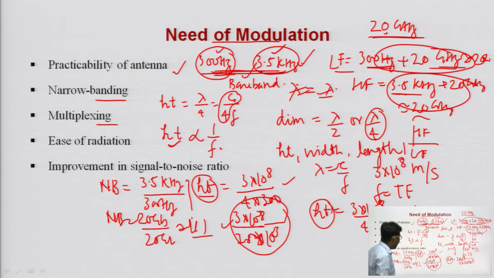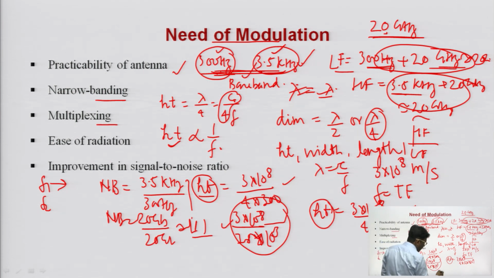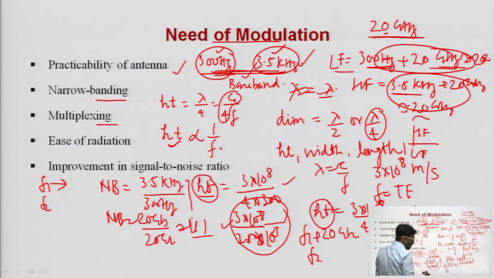But suppose I have 2 students whose frequency ranges are F1 and F2, and obviously F1 and F2 are the same because their frequency components lie between 300 hertz and 3.5 kilohertz. I translate the first student's frequency range to a different carrier frequency range using a 20 gigahertz carrier, and the other student's to another.